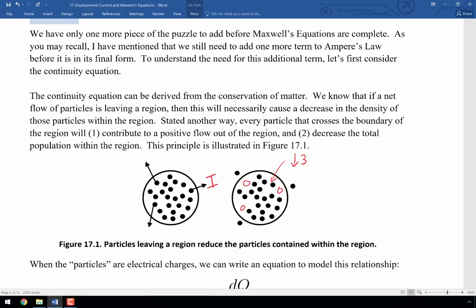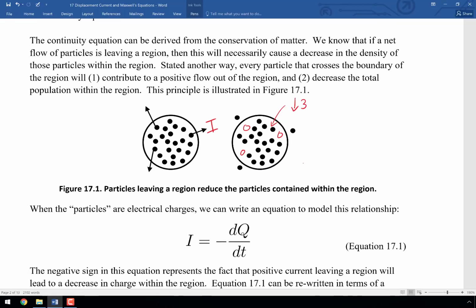And we can have a mathematical statement of that, which simply says that the current is equal to negative dq/dt. And here we're using the particles to be electrical charges, so I am representing them as q and I. The negative sign here simply indicates that if there is a current that is leaving the region, then it will bring about a decrease, a negative change, in the particles that are within that region.